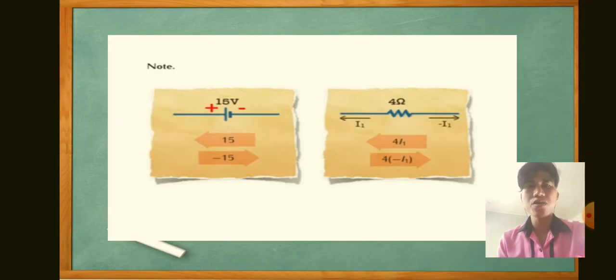So, note, 15 voltage is positive and negative 15. And then 4 ohms is 4 times current, 4 times negative I1.